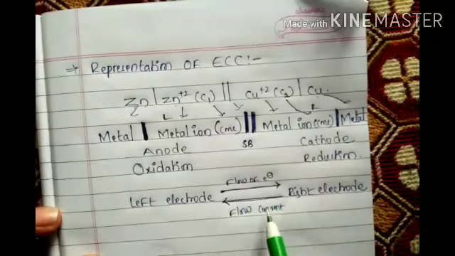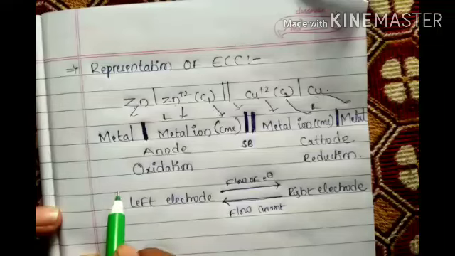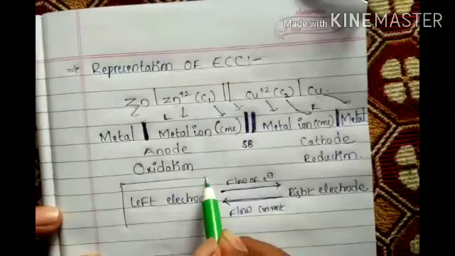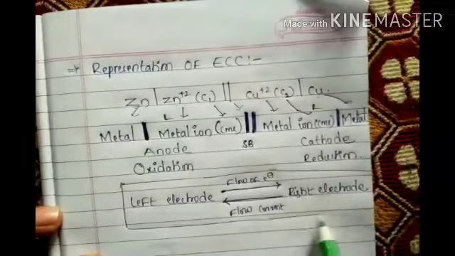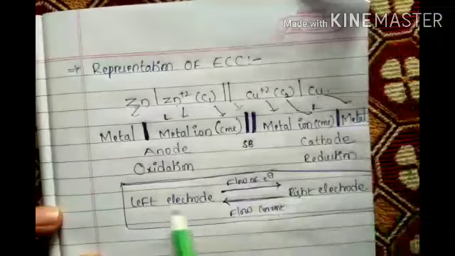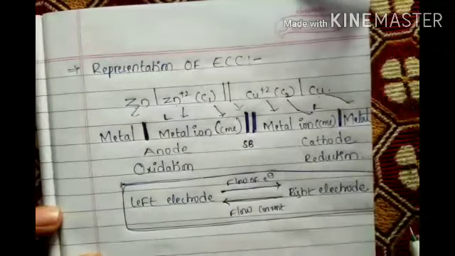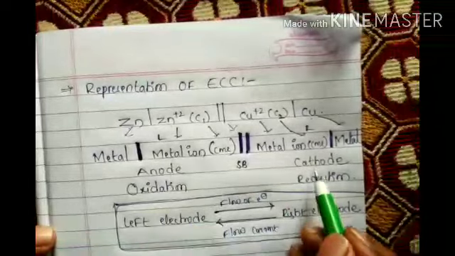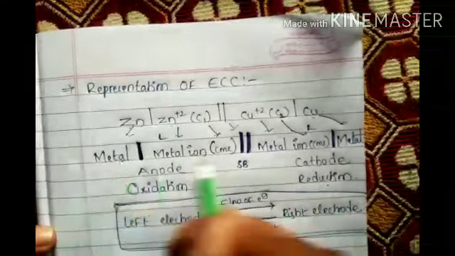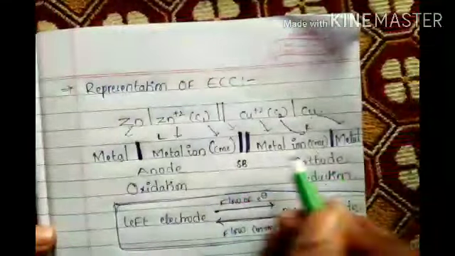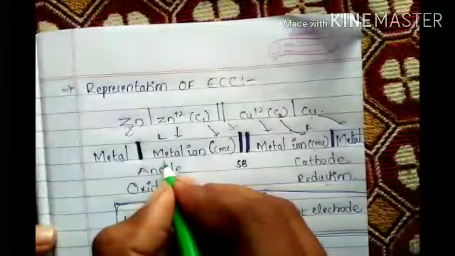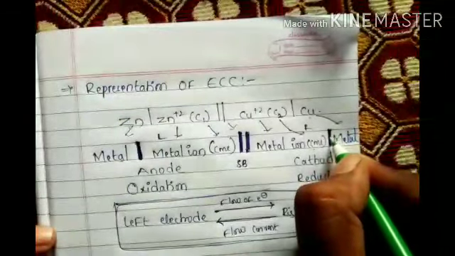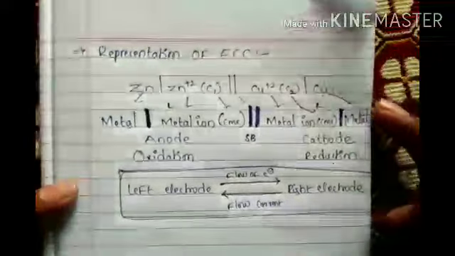Flow of electrons and flow of current go left to right. Got it? Anode, cathode, oxidation, reduction, metal, metal ion, concentration. Salt bridge is the separation, and the separation of metal ion and metal is a single line. Very, very important, this cell representation.